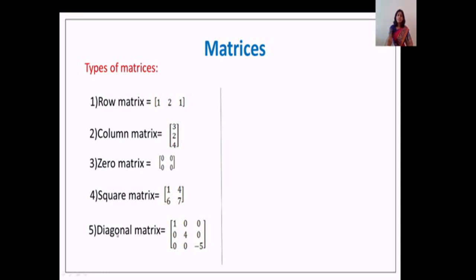Then this matrix is called a diagonal matrix. Then next, scalar matrix. What is a scalar matrix? It is a diagonal matrix in which the diagonal elements are the same. That is called a scalar matrix.